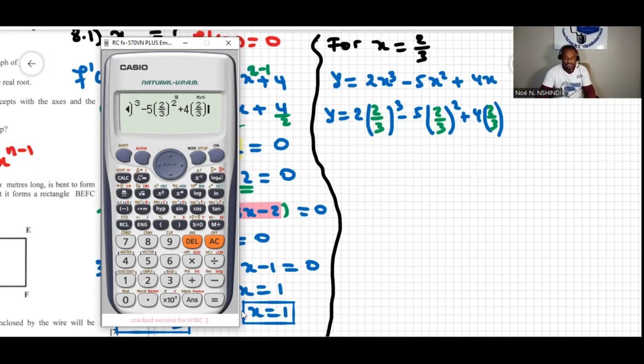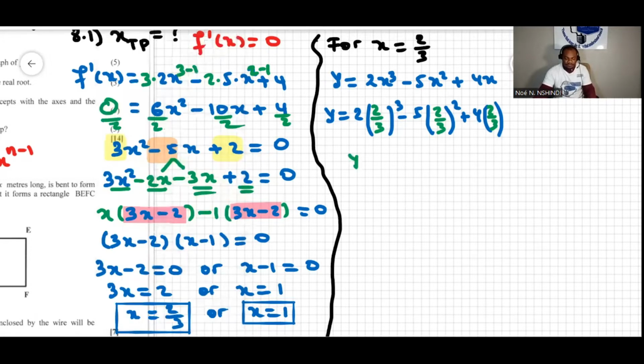Now, if we hit equal, we get 28 over 27. So when x is equal to 2 over 3, y will be equal to 28 over 27.